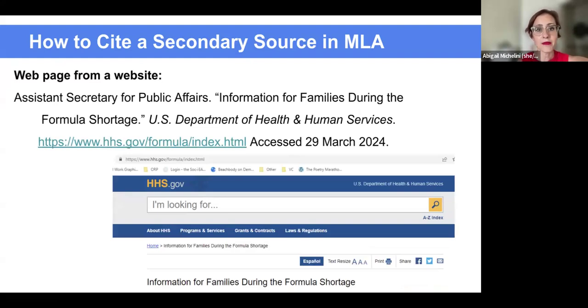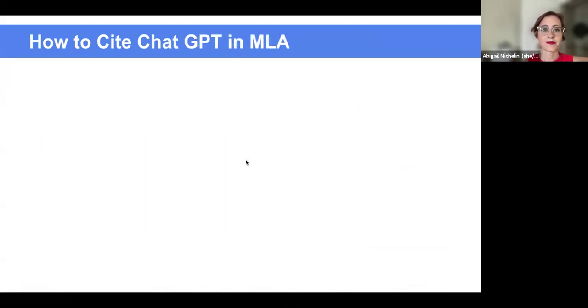You might need to come here and look at this because citation machines like EasyBib are unfortunately still not super reliable. So you're going to start with the author, which is usually a group author for a website. Put the title of the page, which is down here, like the actual page. Then the title of the site as a whole. This whole site is the U.S. Department of Health and Human Services, the link, and the last date of access.